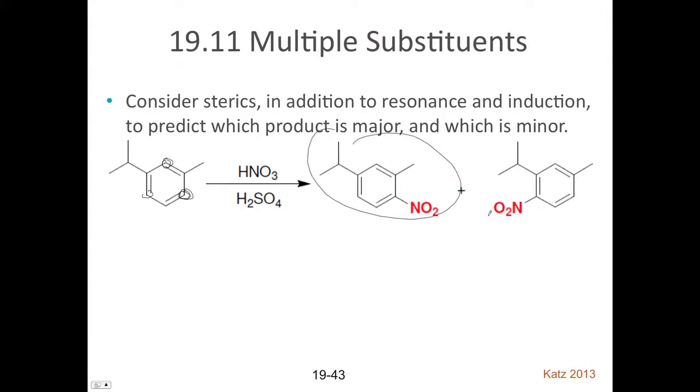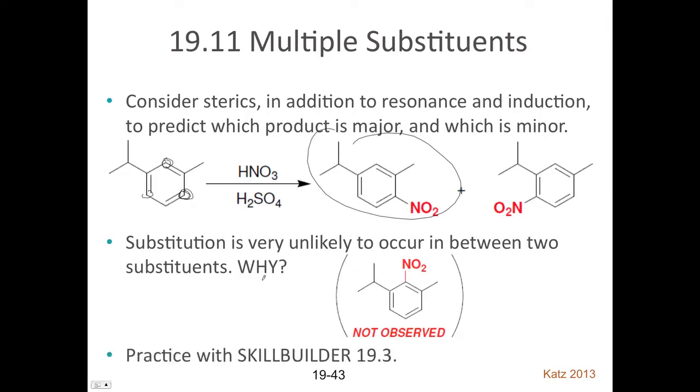Why? Because all things being equal, and they have relatively the same magnitude of directing effect, which they sort of do, you'll want to pick the one that has the least steric hindrance next to it, which is going to be this position right there, not this one. And indeed, this absolutely does happen. So this is why this one here is the major product, by I'm sure 20 to 30 or 40%. All right, this one here is not observed. Why is that not observed?